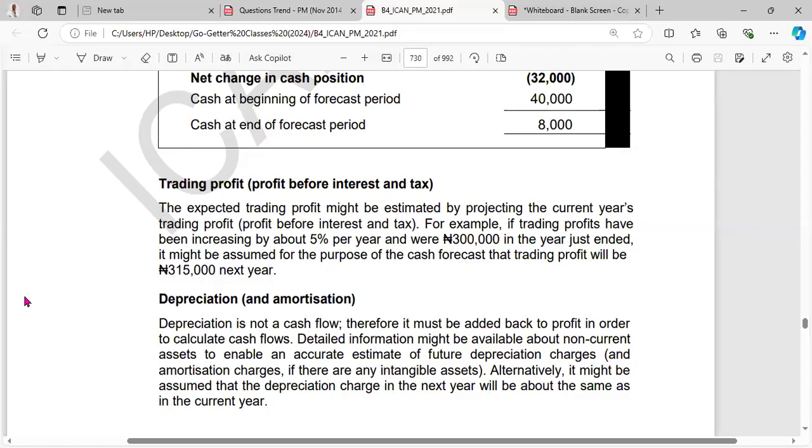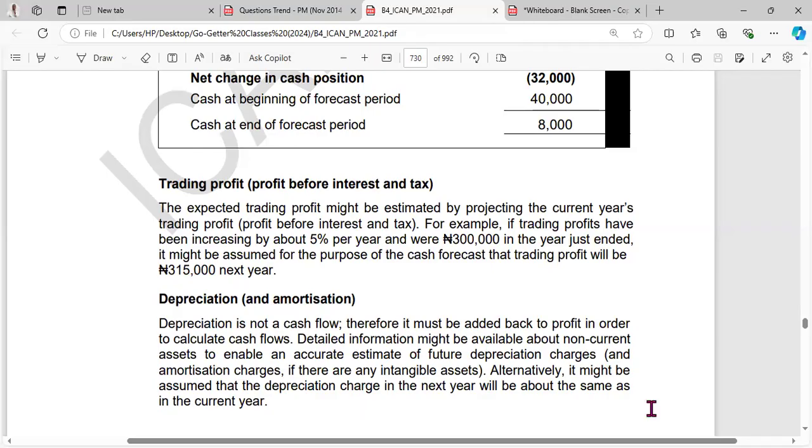How much money did the depreciation go up? It's just an accounting entry to provide for the fact that you are going to replace that asset. No cash has left the office, so that depreciation that you deducted before when you got your profit needs to be added back to the profit in order to calculate actual cash.